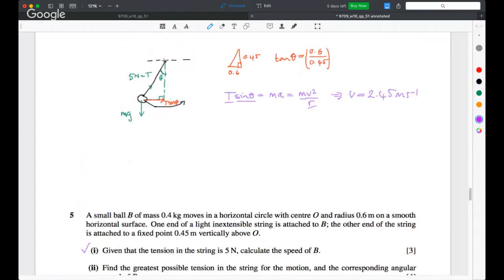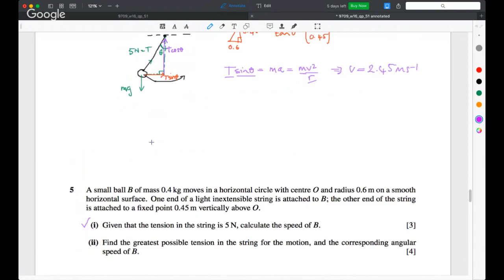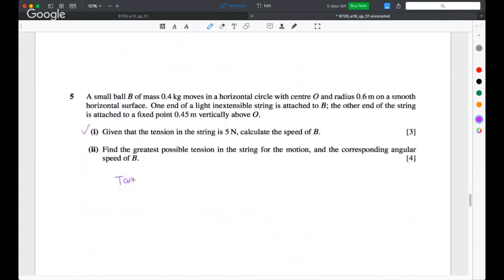Well, that would be when this force, T cosine theta, is equal to the weight of the object. So T cosine theta is equal to mg. We know cosine theta, we know the mass, we know g. This gives us T is equal to 6.67 newtons.